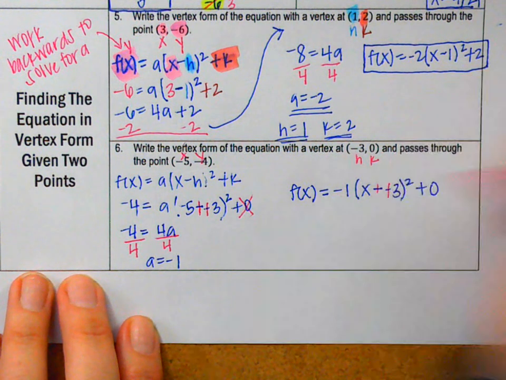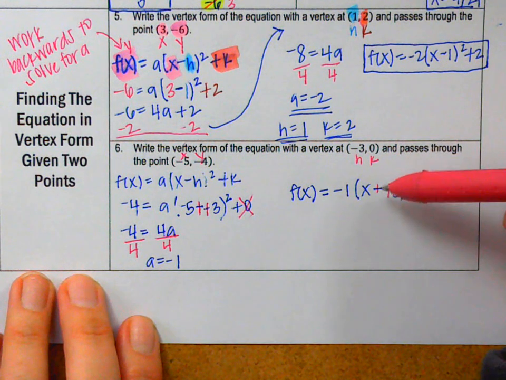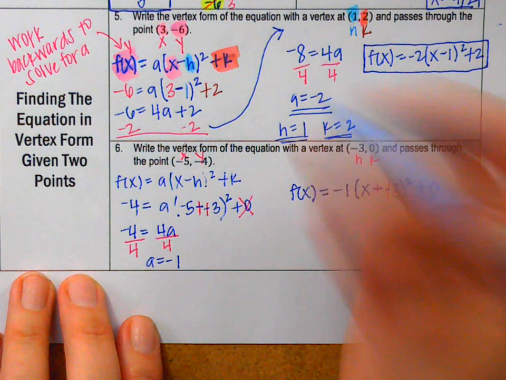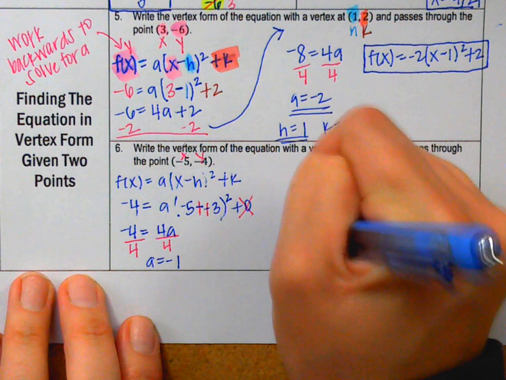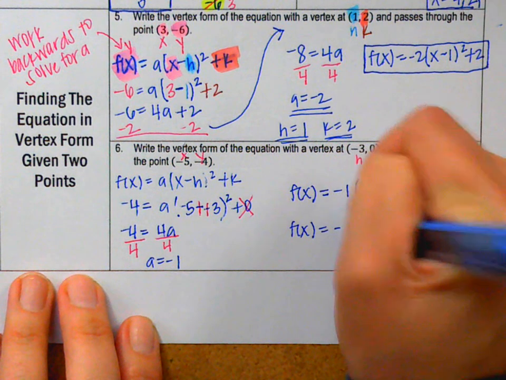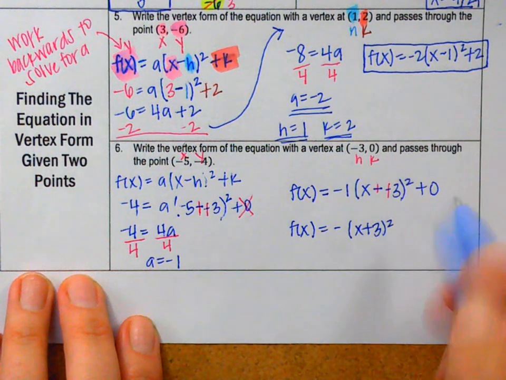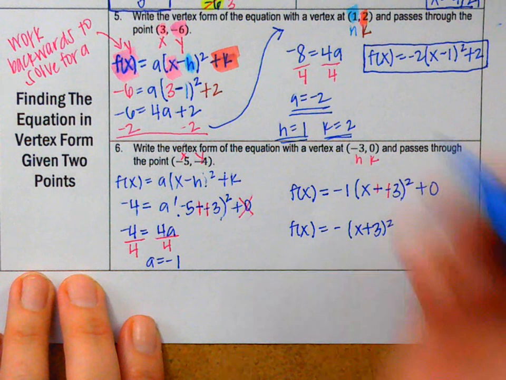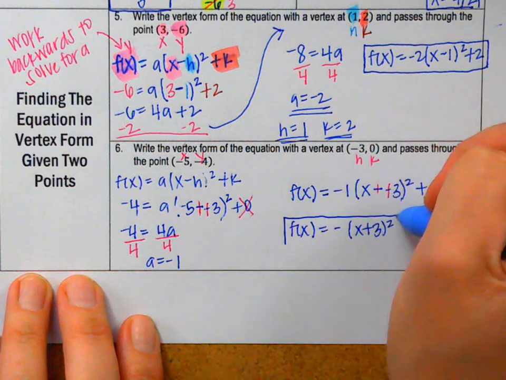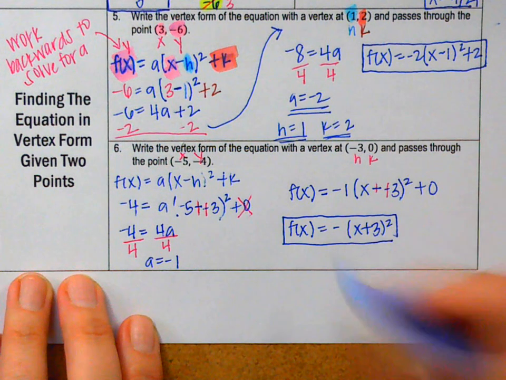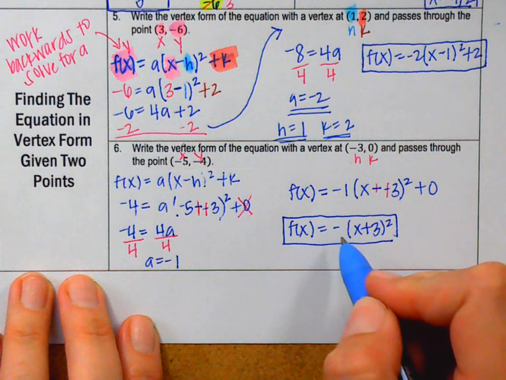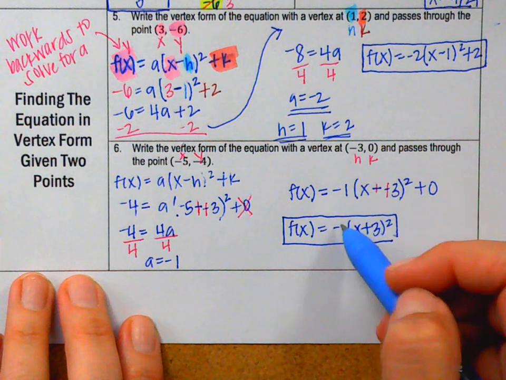But how I would write this is negative, and then x plus 3 squared, and then we don't need to put the plus 0. So really your vertex form is here. Now, if you had a -1 in front here, that's totally fine. I don't care if you put just negative or -1, that doesn't matter.